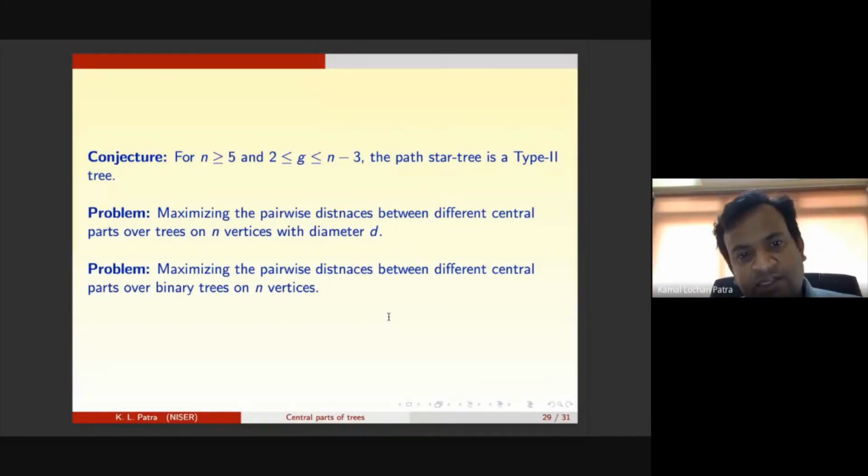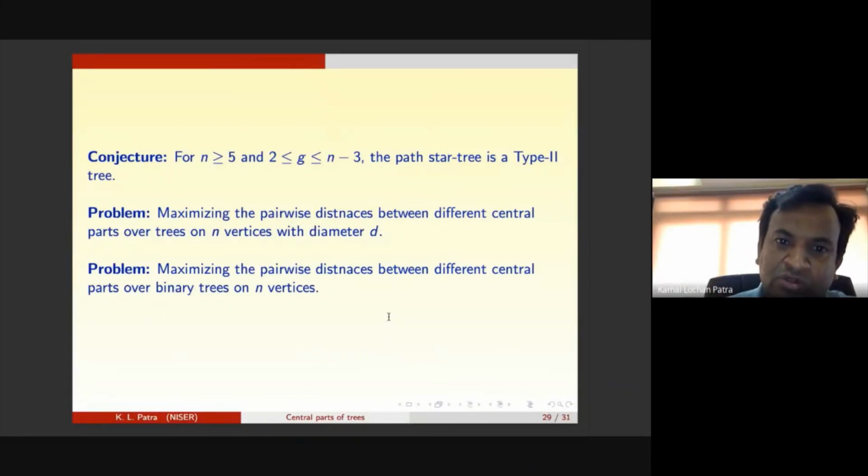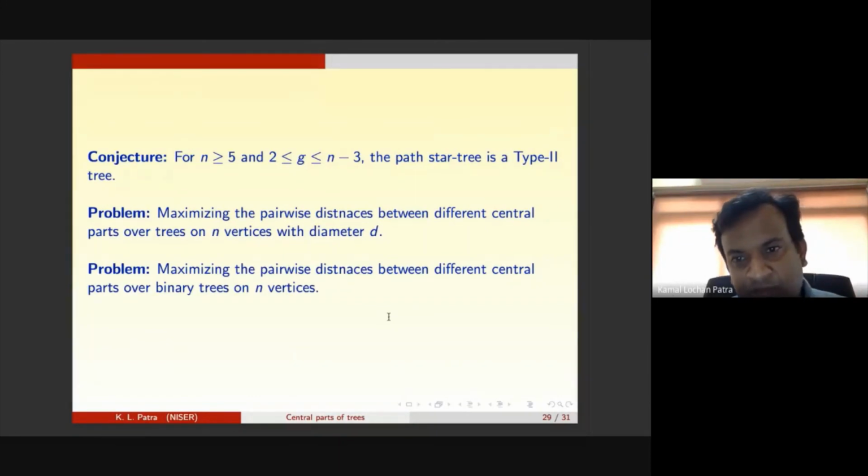So can we extremize these distances over all binary trees? The idea is that if for trees on n vertices we restrict more conditions and study the distances, the problem becomes trickier, and studying the characteristic set in particular is not trivial.